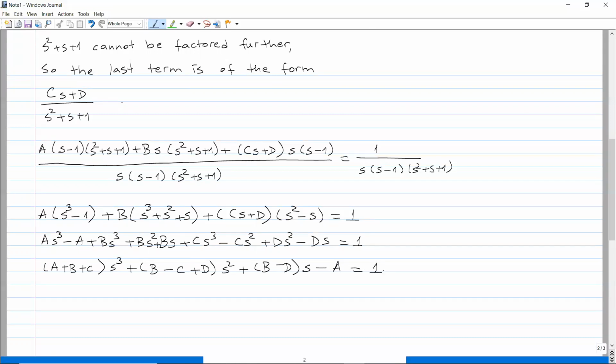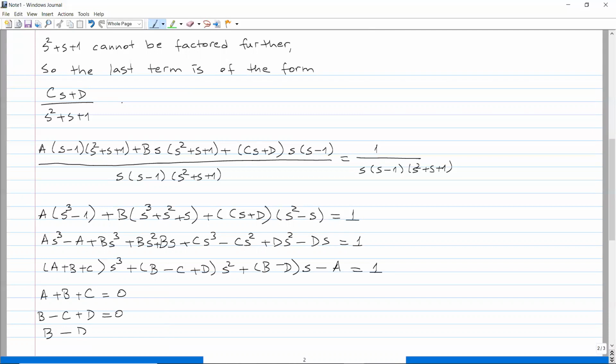Let's see, how many terms do we have? Yes. Okay, so a plus b plus c should be 0. B minus c plus d is 0.